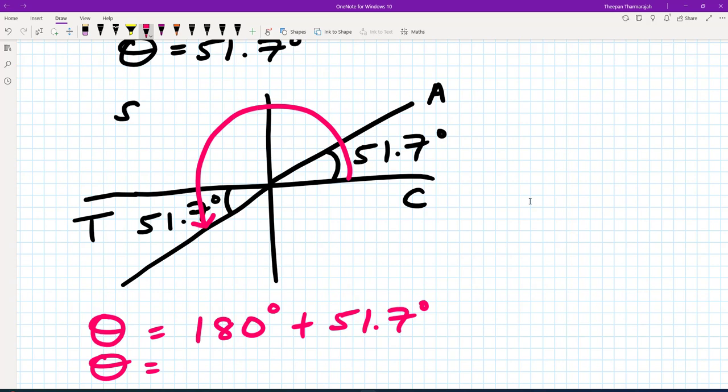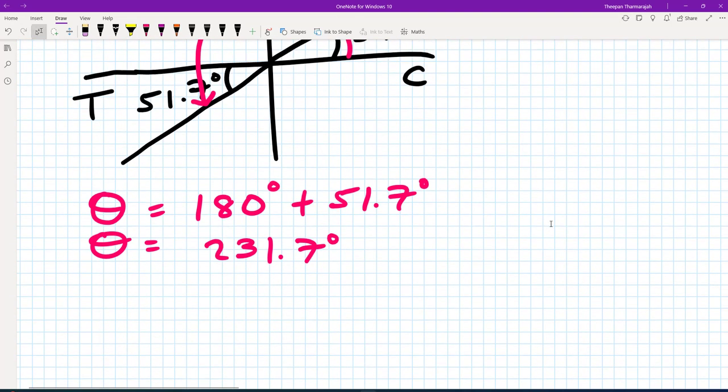So we can type that here on our calculator, which gives me 231.7 degrees.